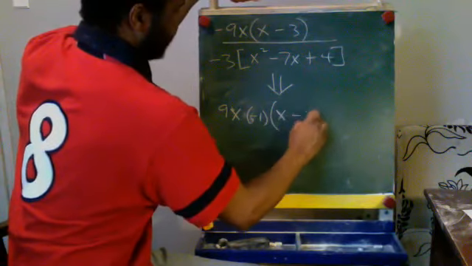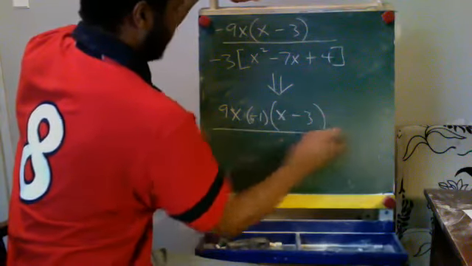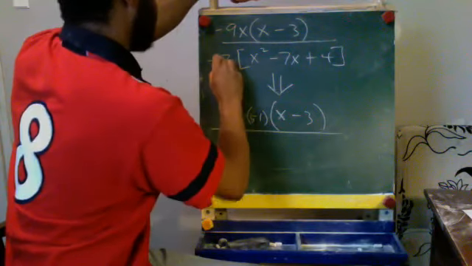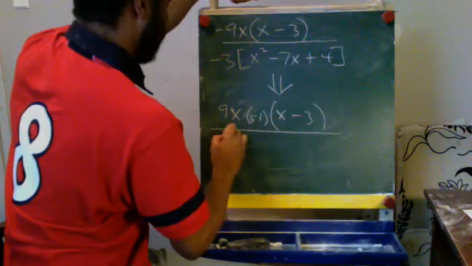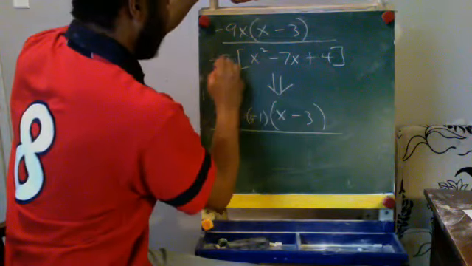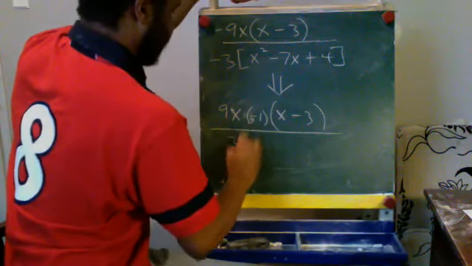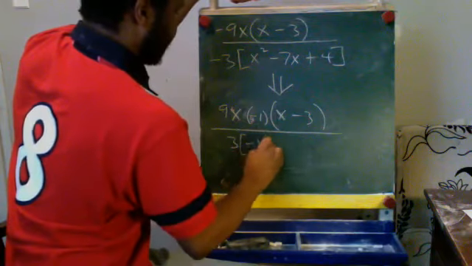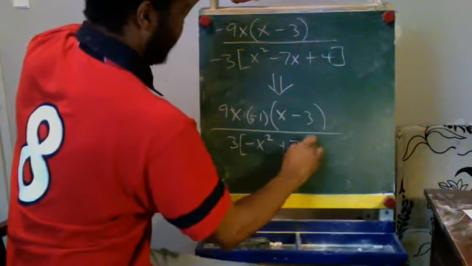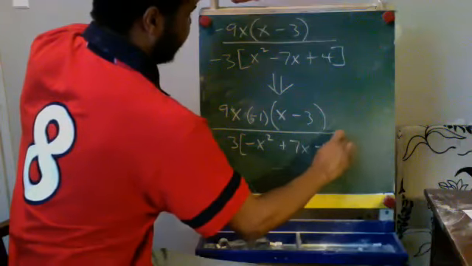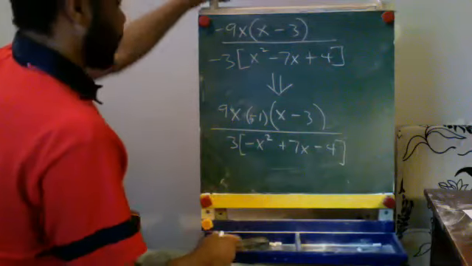Times x minus 3 over, this is going to now multiply back all the negative on the inside. So I'm going to multiply the negative on the inside and leave out the 3. So I'm going to have a 3 here. This is going to become a negative x squared. And this is going to become a positive 7x. This is going to become a negative 4. So that's what your book did.